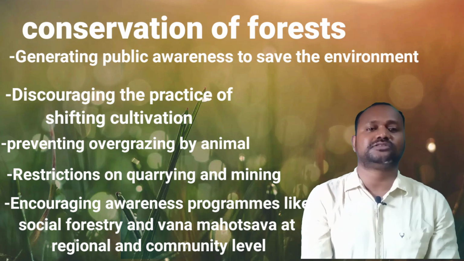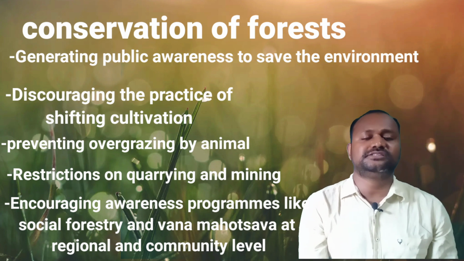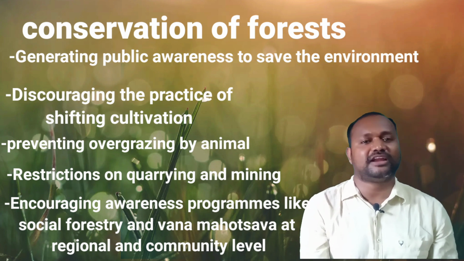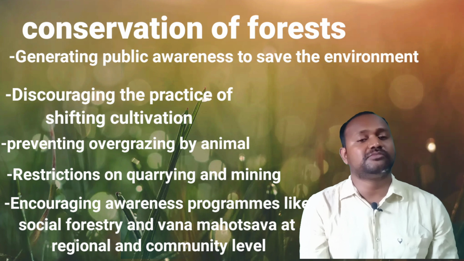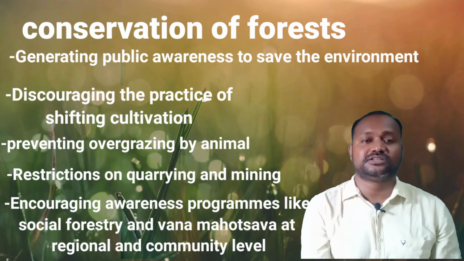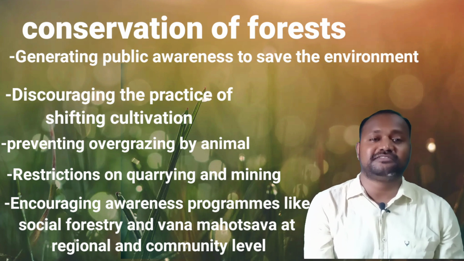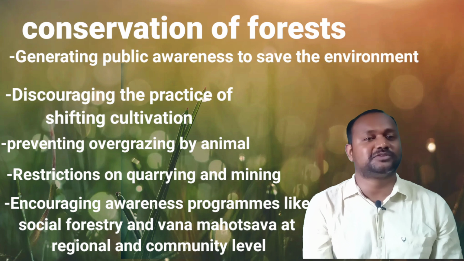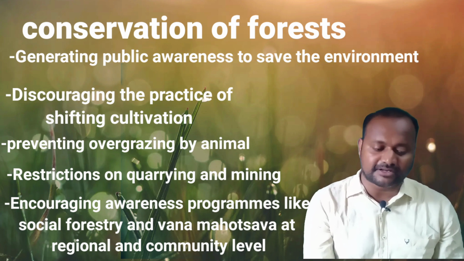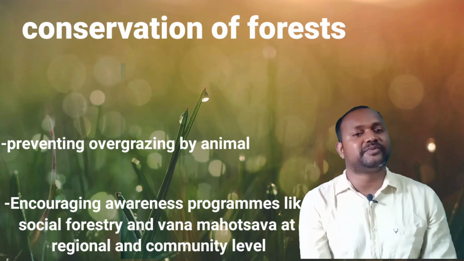Let's discuss wildlife. Listen, natural vegetation and wildlife are very much associated with each other. We cannot think about wildlife without natural vegetation, because natural vegetation provides the habitat to wildlife. So let's discuss the wildlife of different parts of the world, how to conserve them, and what the need is to conserve them.